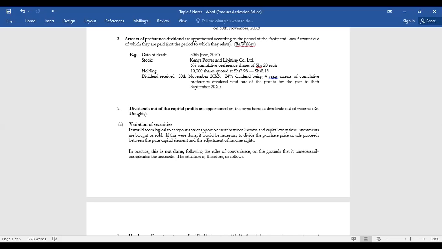I'm still confused. Why are we using 10,000 instead of 200,000? We always use the ordinary shares, my friend. We've only been told the 6% cumulative preference shares of 20 shillings each, isn't it? How many are they?